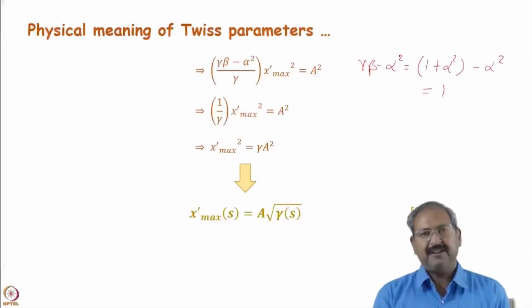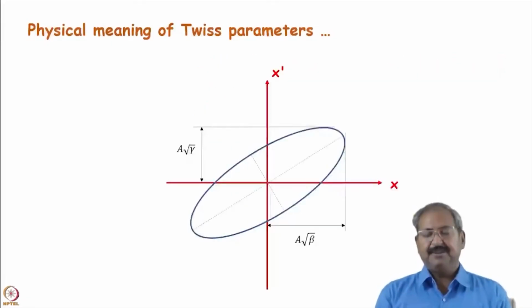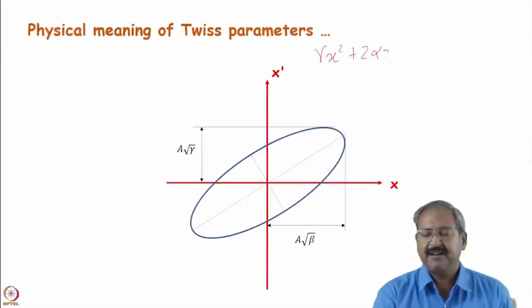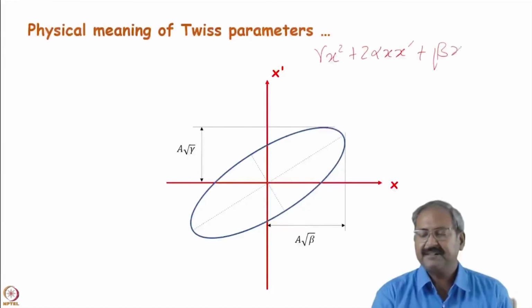And alpha relates these two parameters. So alpha generates a correlation between the displacement and angle. So now we can plot an ellipse using gamma x square plus twice alpha x x prime plus beta x prime square is equal to A square.